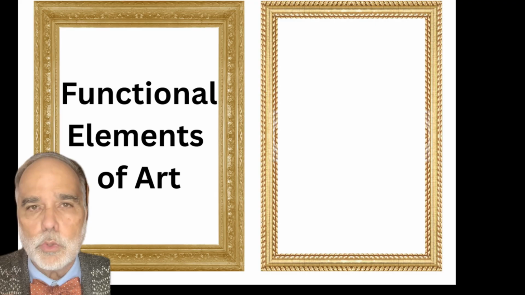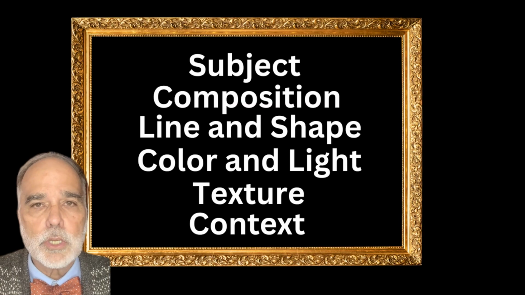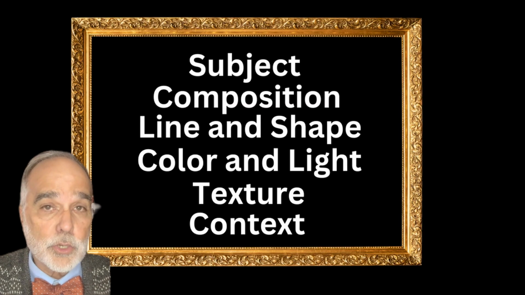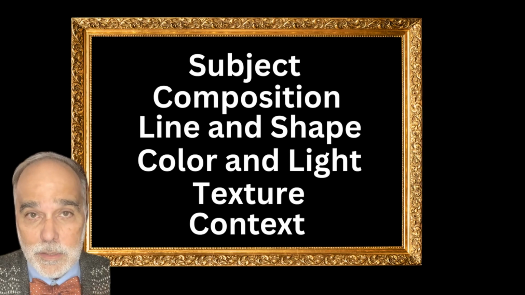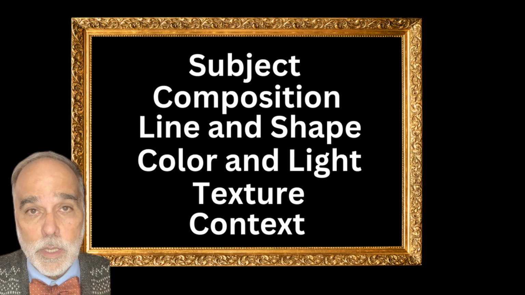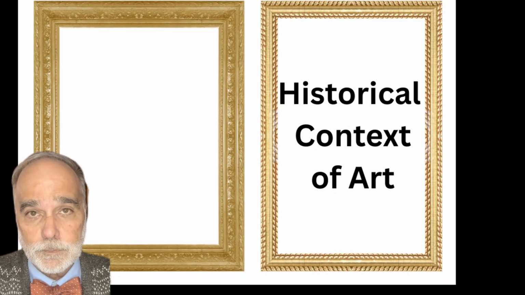So, how do we put this together? Again, looking at art has two parts. First, the functional tools, subject, composition, line, color, texture, context. These let you analyze and organize what you see.